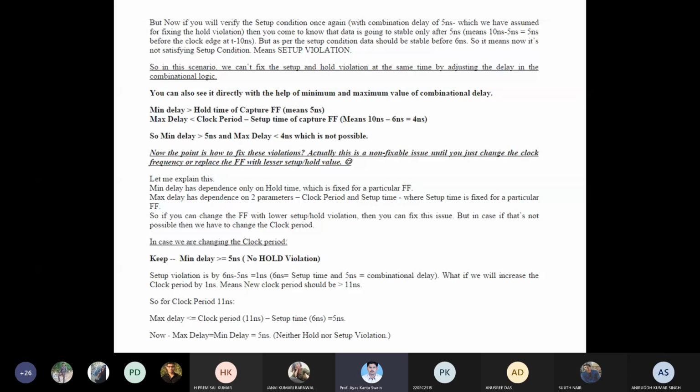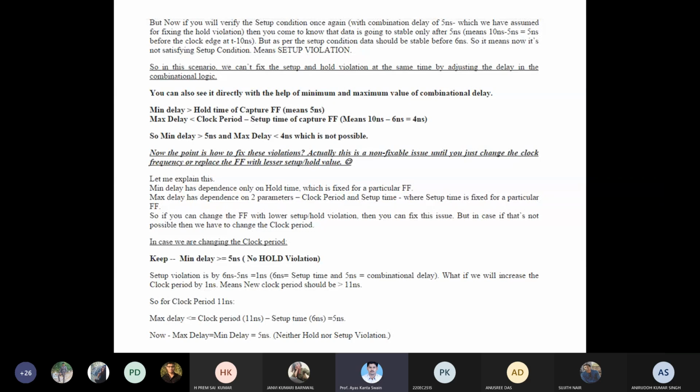Okay, so how to fix it? In this case, if you want to nullify the hold violation, then setup violation is coming. You can't do this in a general way, because in this scenario we can't fix the setup and hold violation at the same time by adjusting the delay in the combinational logic.